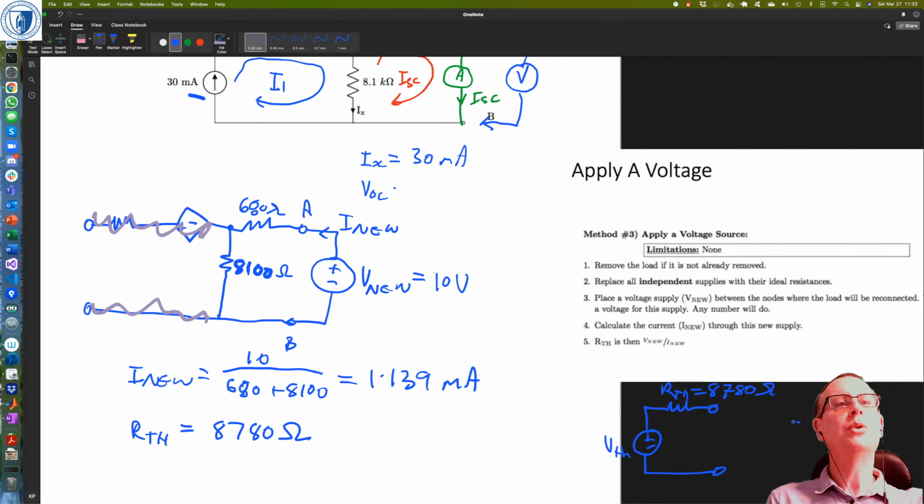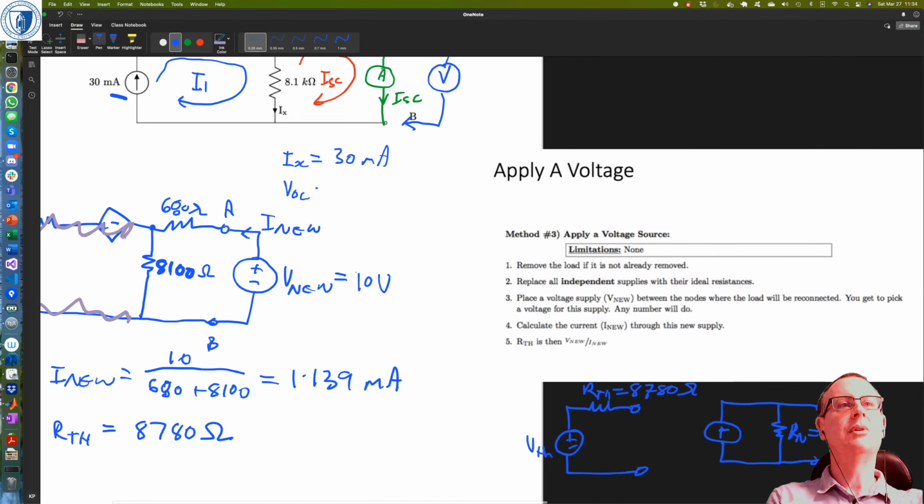And for the Norton equivalent, we need Rn, which, as we know, is the same as the Thevenin equivalent. So Rn is also equal to 8780 ohms, but we need to know what In is.